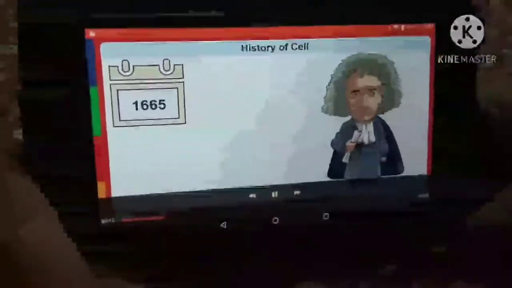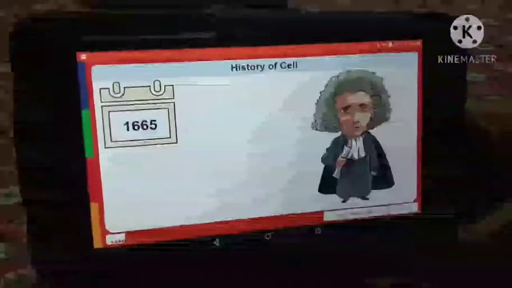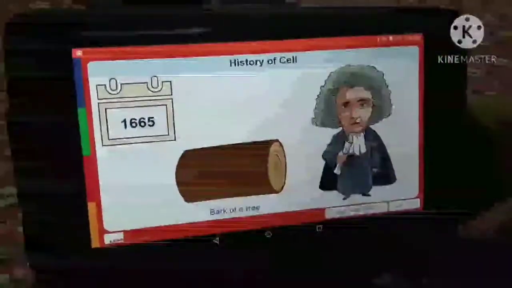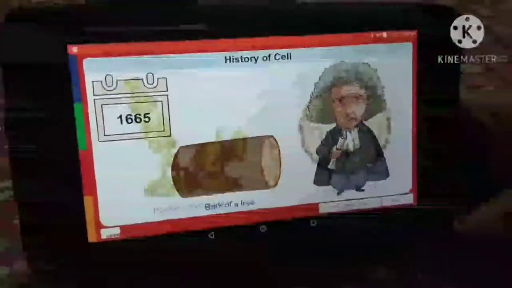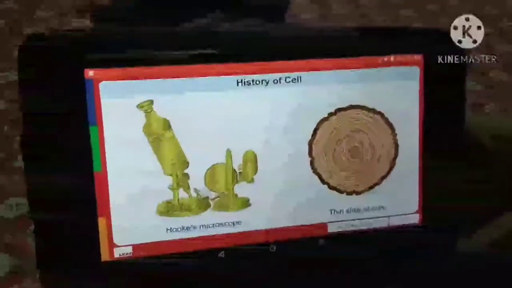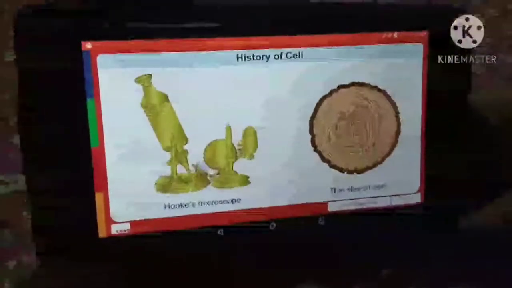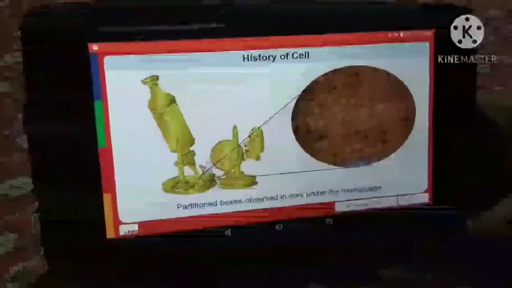In 1665, Robert Hooke, a famous scientist, decided to observe a part of the bark of a tree called the cork under a simple magnifying device. He observed thin slices of a cork under a very simple magnifying instrument. He noticed partition boxes in the cork.